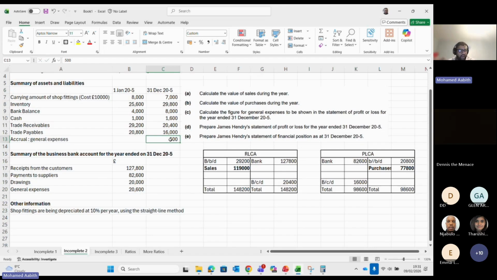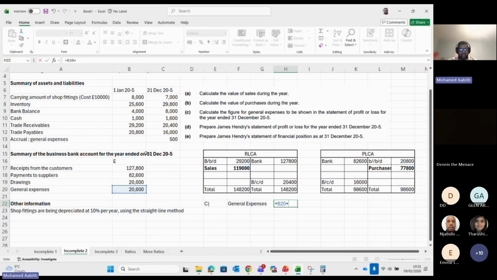If I accrue it, what will happen to my general expenses? The general expenses will obviously go up. So in this scenario, part C, the general expenses is going to be equal to that amount plus the £500, because if I'm going to accrue it, I need to add that amount.